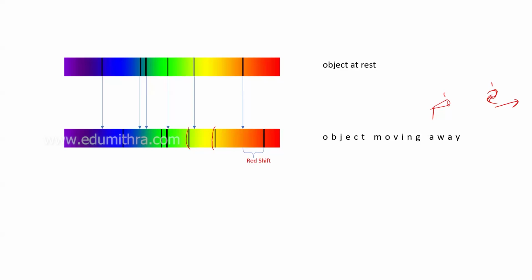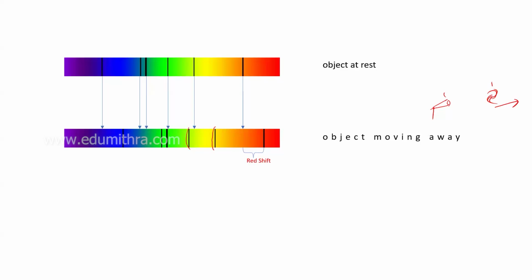So when there is a movement between the source and the observer, when the source is moving away from us, the wave will shift to a lower frequency, and when it is coming towards us, it will shift to a higher frequency. That change can be called a frequency change or a wavelength change, because we can connect them through a simple equation.